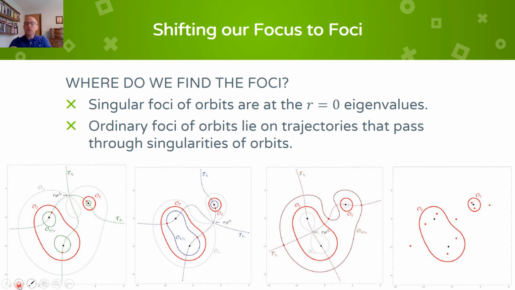The other 2 sets of 3 ordinary foci lie on 2 other orbits that have singularities. They lie on trajectories passing through those singularities.